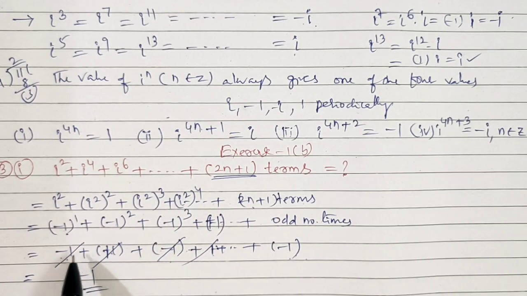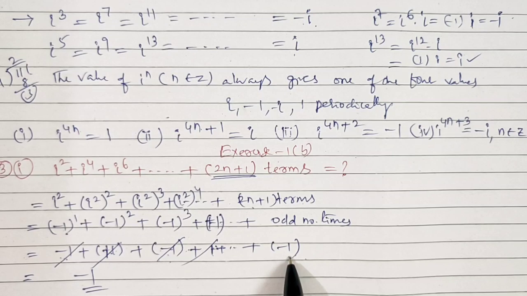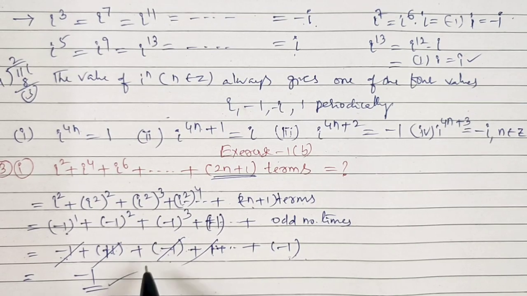So if you list like this continuously for some more terms, always the first 2 terms, that means minus 1 plus 1, get cancelled, minus 1 plus 1 get cancelled like that. But the last term is i power something that gives us minus 1, since it is an odd power. So we get the result minus 1.